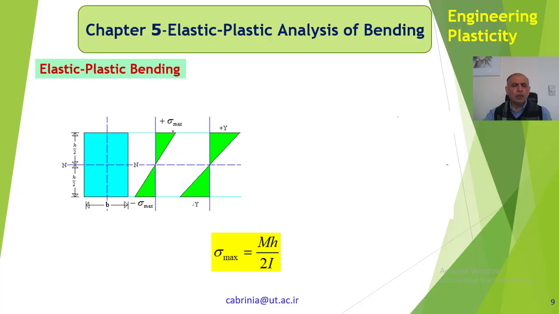So when we move from the top to bottom, we have here sigma maximum, which is the maximum tensile stress, and we know that the maximum tensile stress happens at the top of the cross section. So as we move down, it must decrease. It is linear, because it's elastic, that's why it's linear. And as we go down, it decreases.